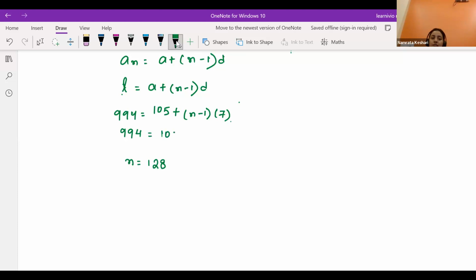So 105 minus 7 is 98. Then 994 minus 98, right?